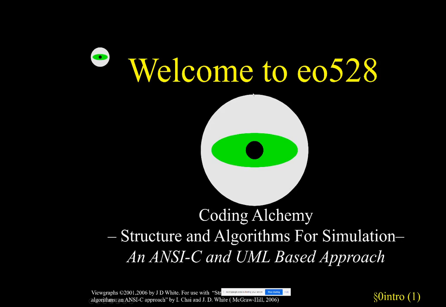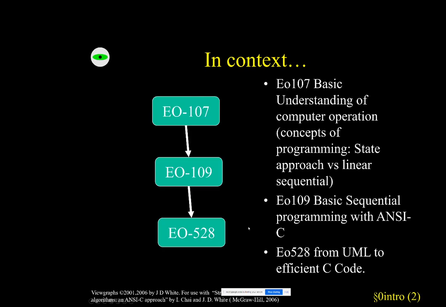So welcome to our class, coding alchemy. Alchemy gives the idea that this is also art, not just science. We're going to hopefully learn about ANSI C and UML at the same time. If you're going to write about your code in a thesis, you should usually include a UML diagram, so we should be able to write those when we explain how our code works. I'm just putting this in context.